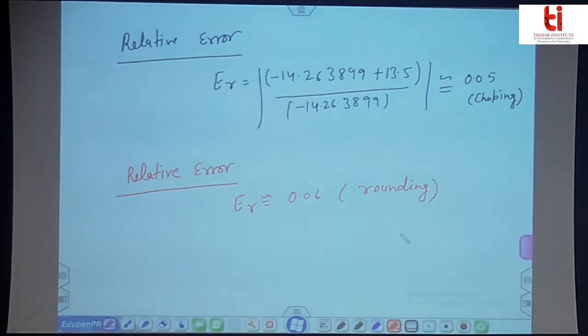Okay, if we look at chopping or rounding, the number of operations.